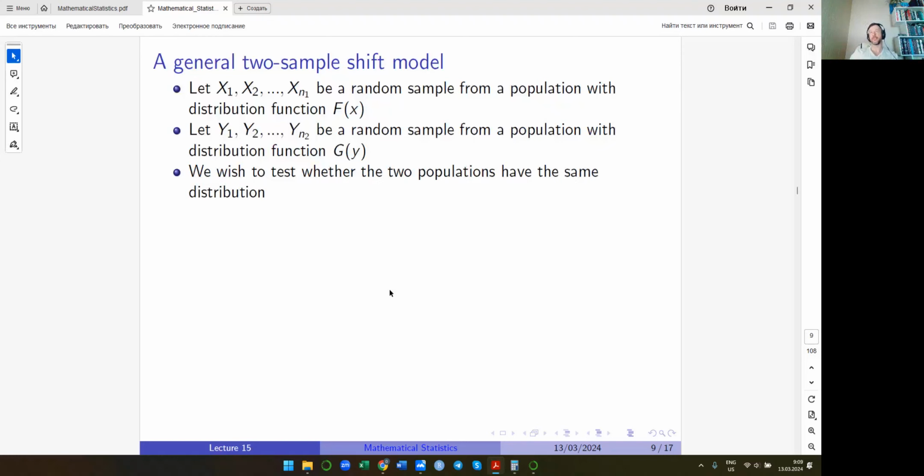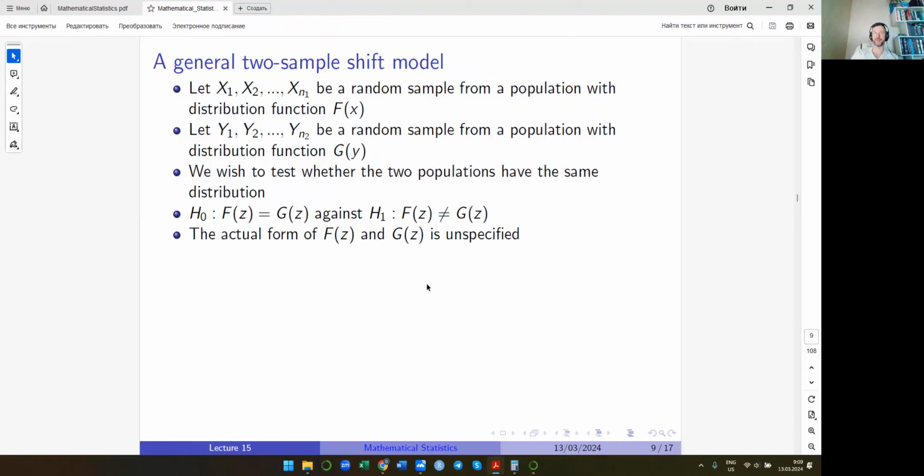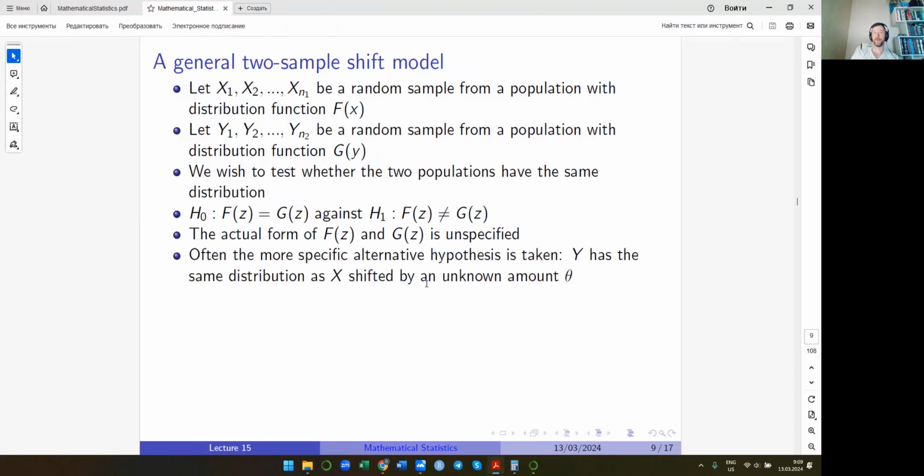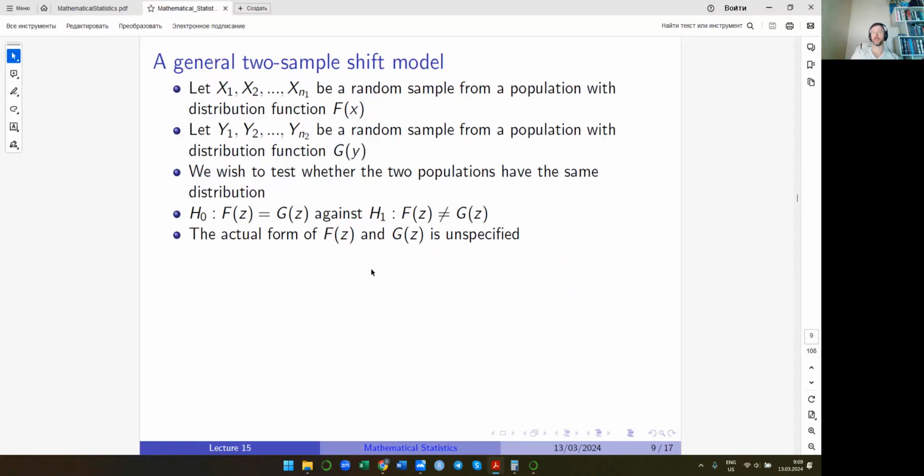So our goal is to test if the two populations have the same distribution. Formally, we test the null hypothesis that this distribution function equals this distribution function, against the alternative that they are not equal. This is a bit difficult because if we don't specify the actual form of the distribution functions, it's hard to compare the whole shape of the distributions.